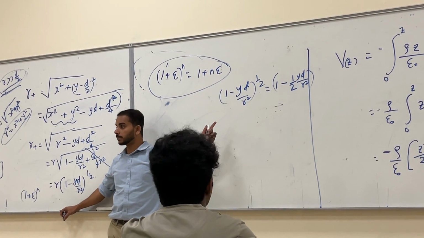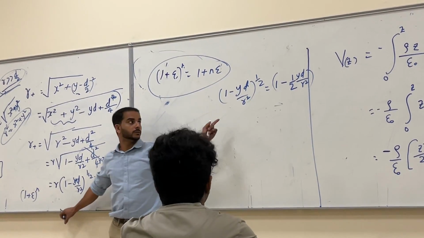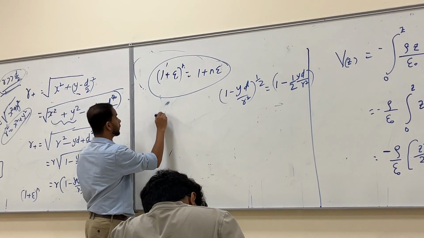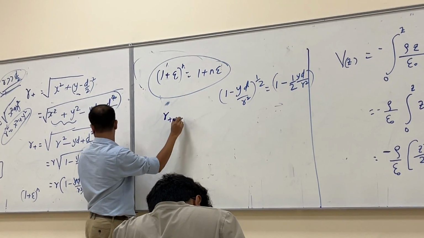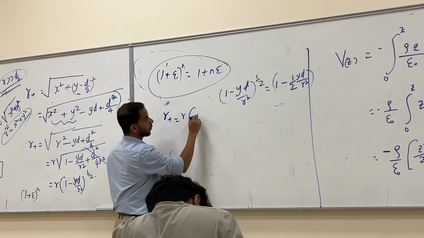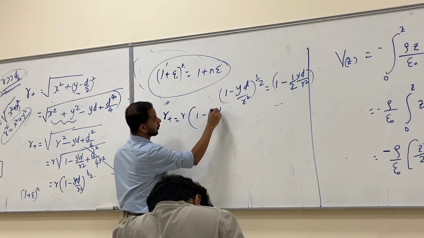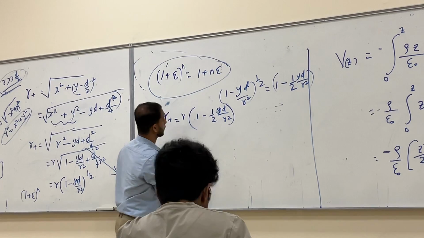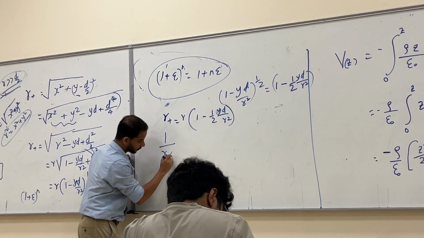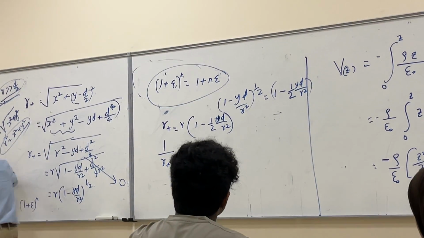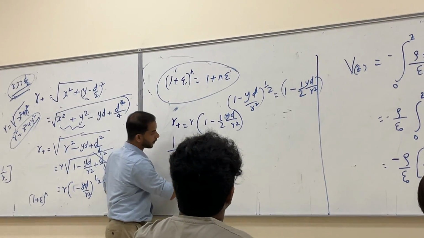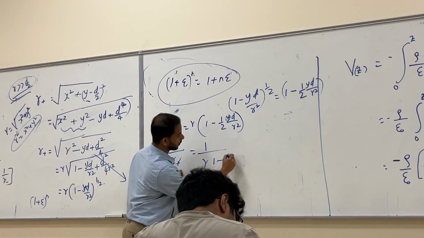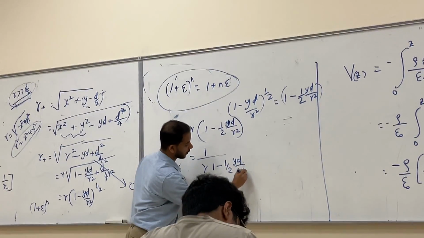Can we set that? Right? So now you just do this one. I mean, you have to do this a couple of times. So r plus will be equal to r into 1 minus half yd over r square. And what is 1 over r plus? We actually want 1 over r plus here. So 1 over r plus is 1 over r, 1 minus half yd over r square.